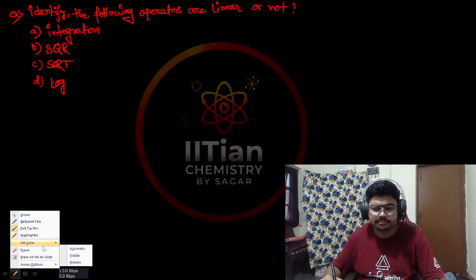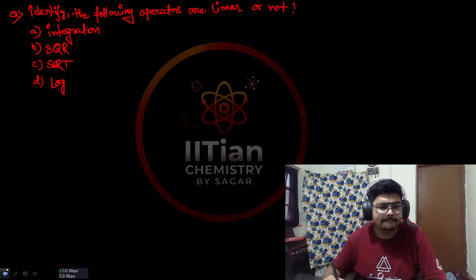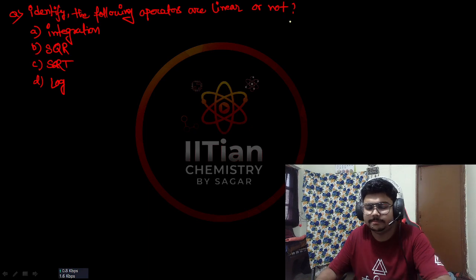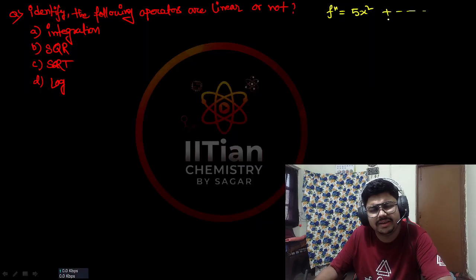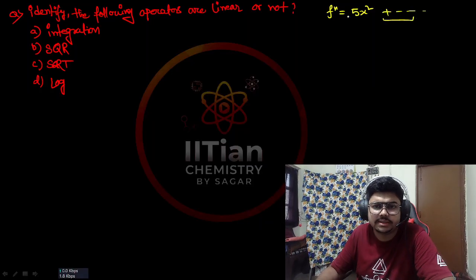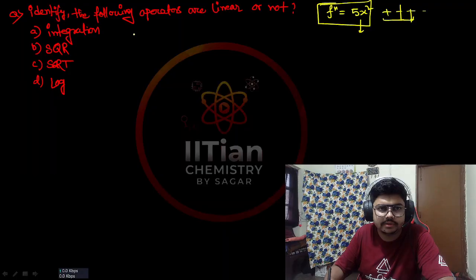This is the first question. You can take a random function for that. For example, 5x squared. Let's take 5x squared as a function. Integration of f(x) = 5x squared: if we can write it like 5 times the integration of x squared, it is linear.